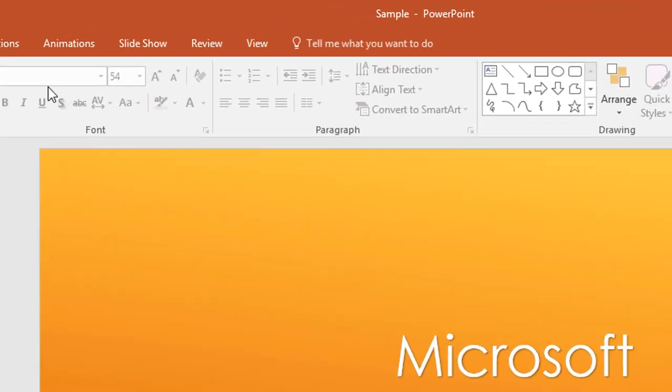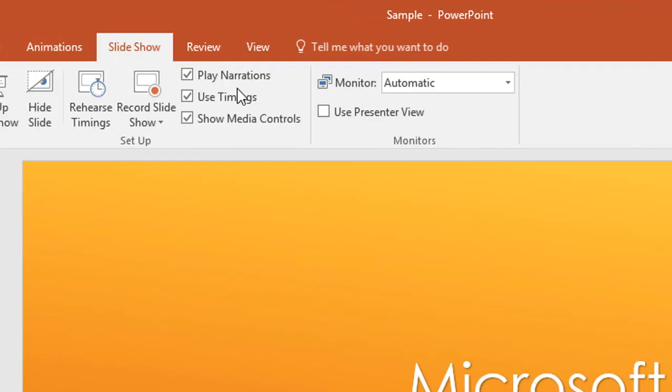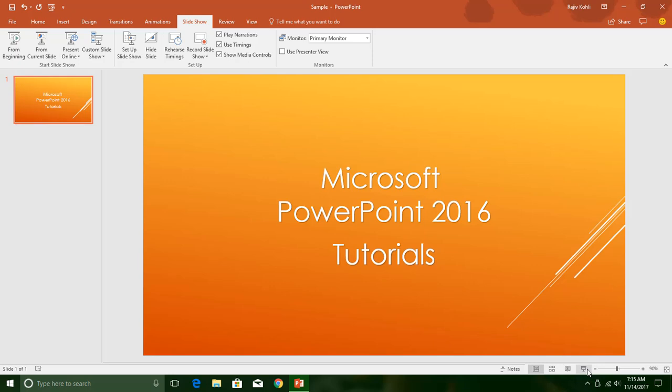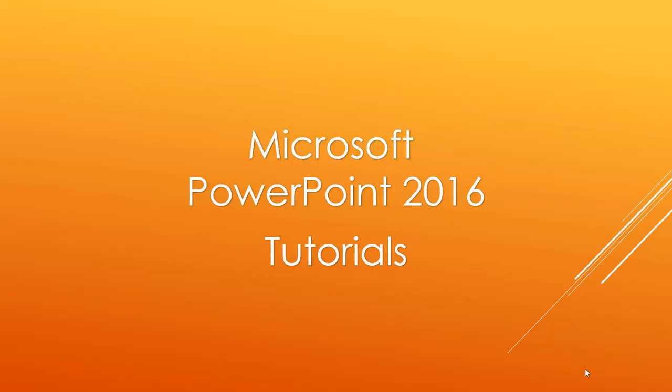To change this option, you can go to the slideshow menu, and from the monitor drop down button you can choose on which monitor you want to see the slideshow of your presentation. So I will go with the primary monitor, which is this one, and now I click the slideshow button, and here you have the exact preview of the presentation.